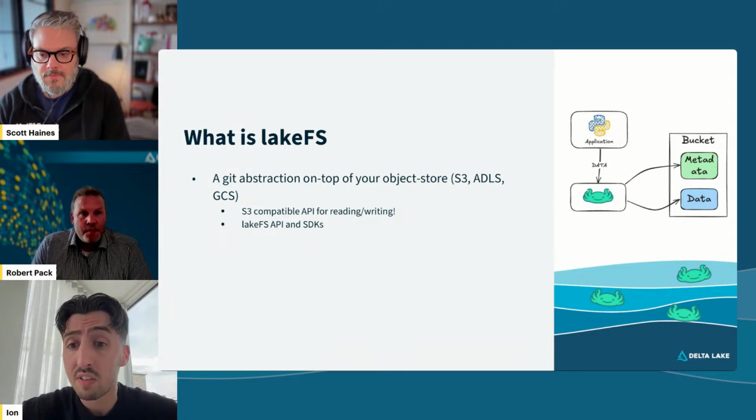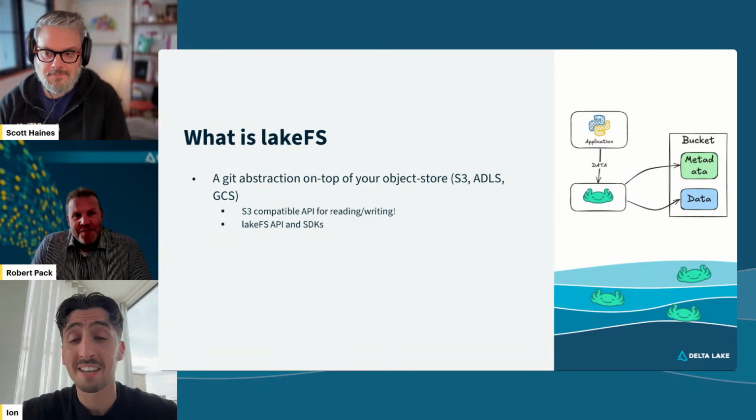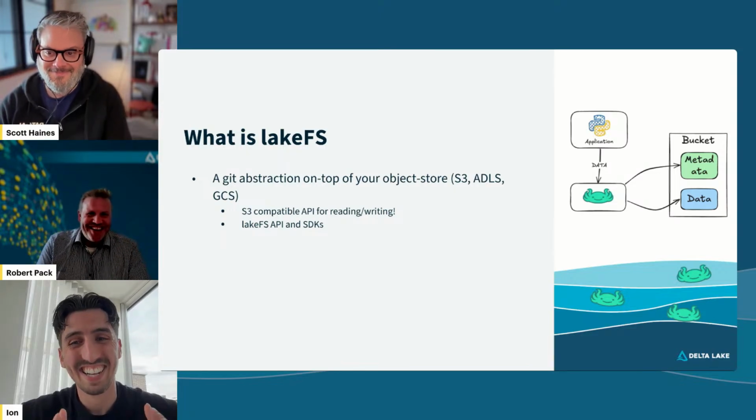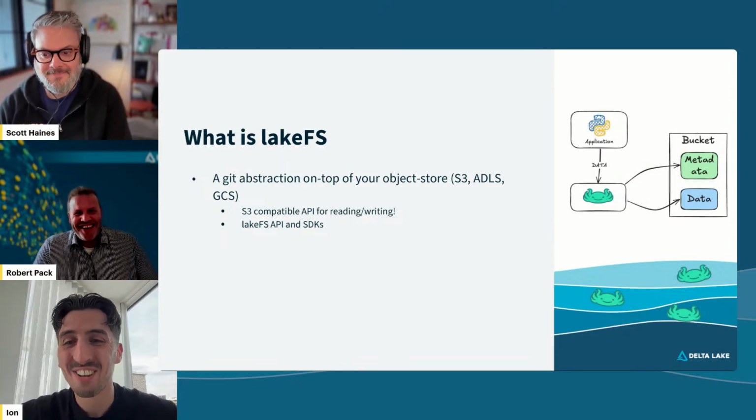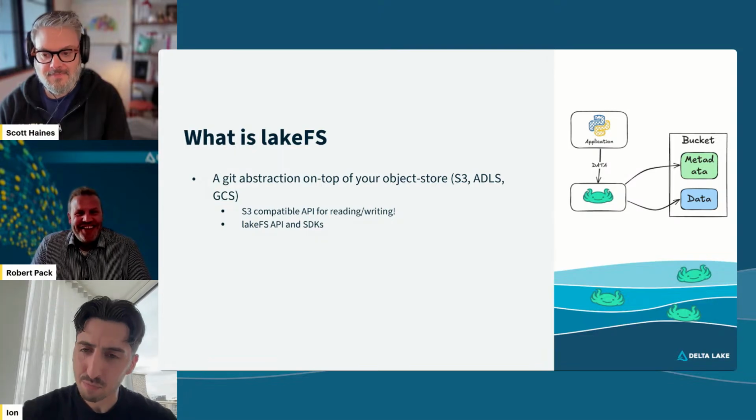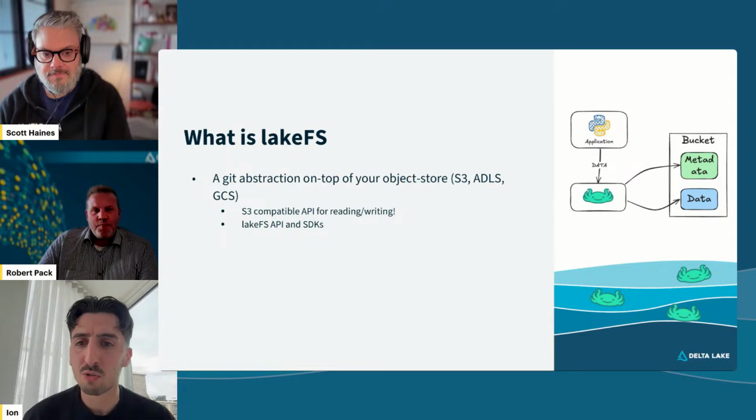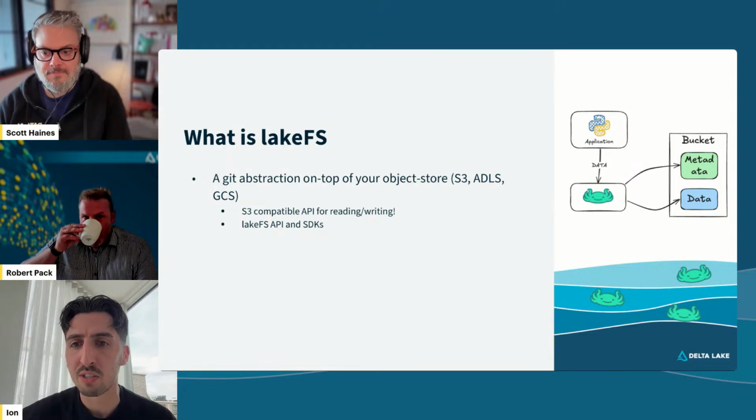Additionally, they have the LakeFS APIs and the SDKs. So you have a Python SDK. There is even an experimental Rust SDK. And you also have a CLI tool or a command line tool called LakeCTL, which allows you to do all the Git semantics operations in LakeFS.